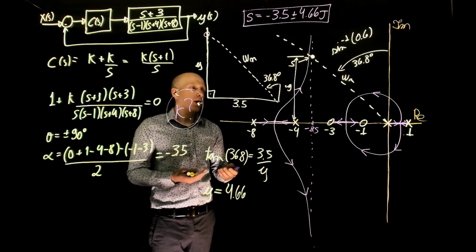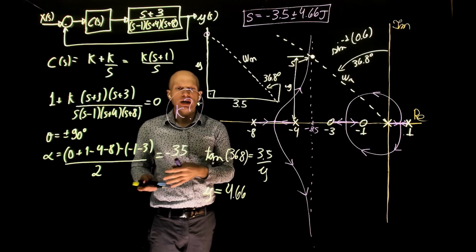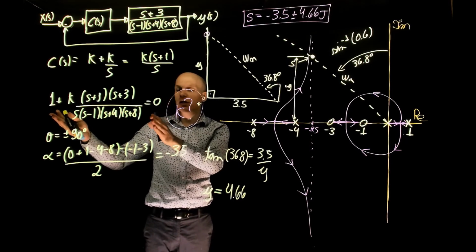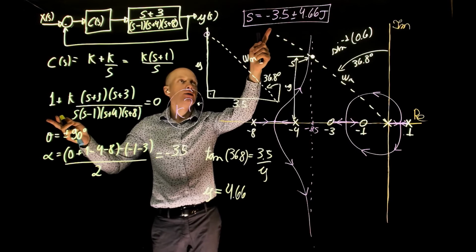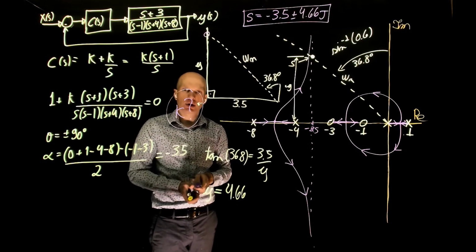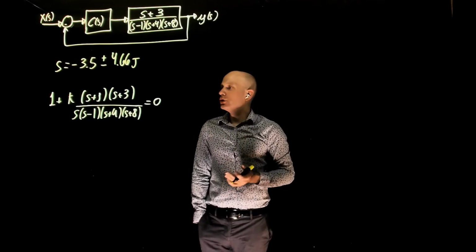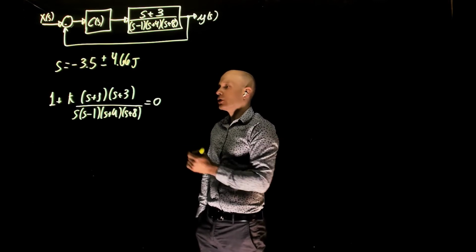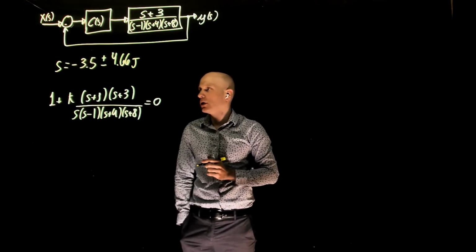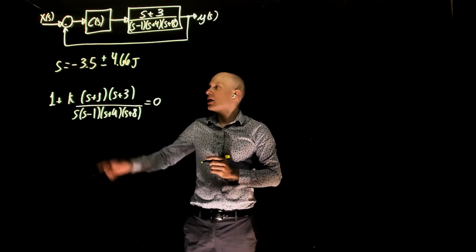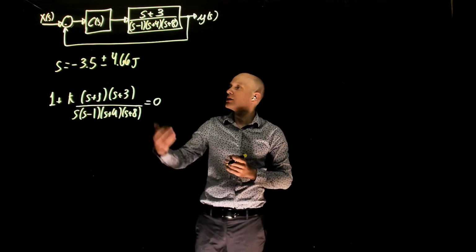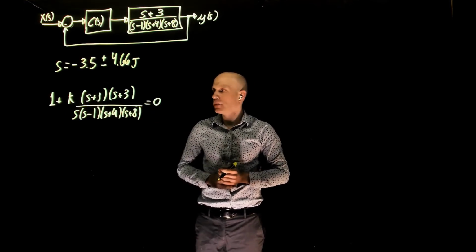To do that, we need to apply the same idea we did in the previous exercise. Evaluate the characteristic equation at that value of s, and solve for K. So let's do that. In order to find the value of K, we need to evaluate this transfer function at that specific value of s. Let's take s equals negative 3.5 plus 4.66j.